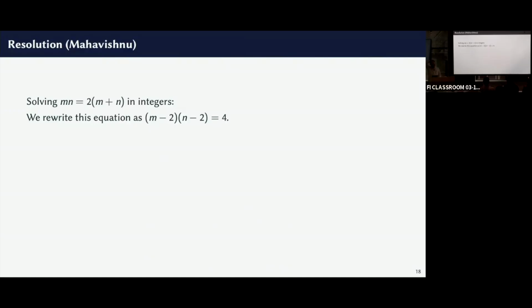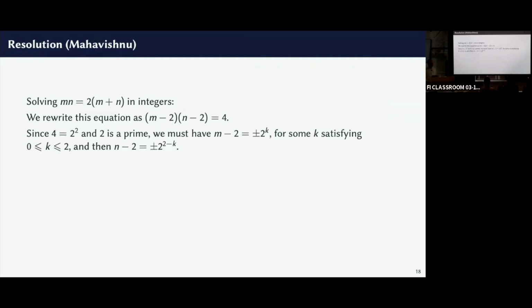Then you have to play with number theory again: m minus 2 is an integer, it will divide 4. So roughly it has to be 1, 2, or 4. But maybe there are signs because of the subtractions, so it will probably be minus 1, minus 2, minus 4, or 1 to 4. And this is what we get.